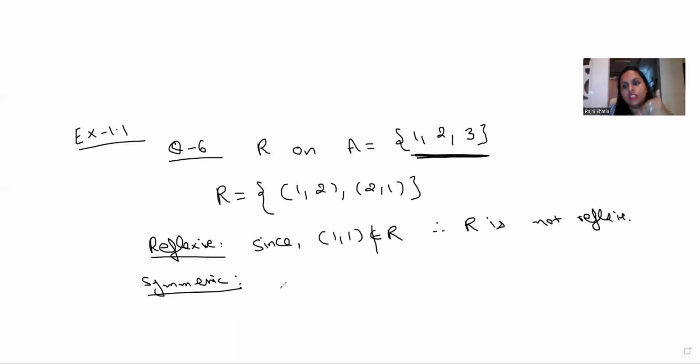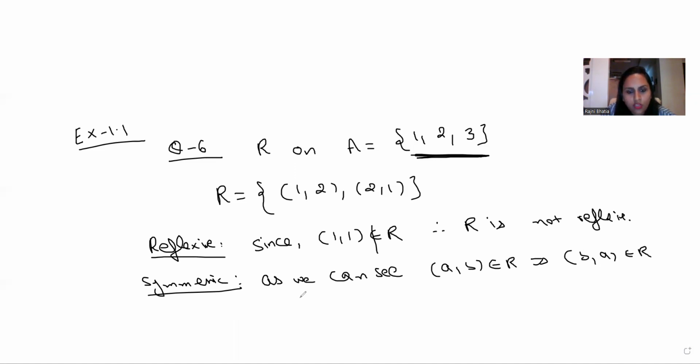And when the relation is symmetric, we need to prove it generally. So we will write, as we can see, (a, b) belongs to R implies (b, a) belongs to R. Therefore, the relation R is symmetric.